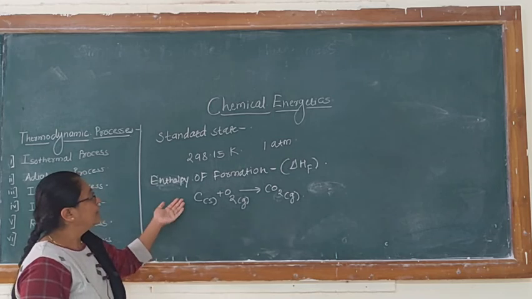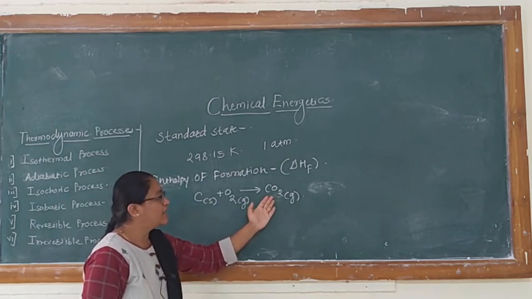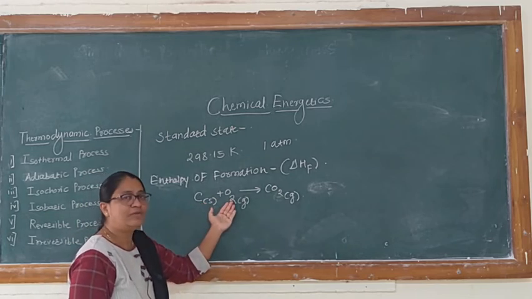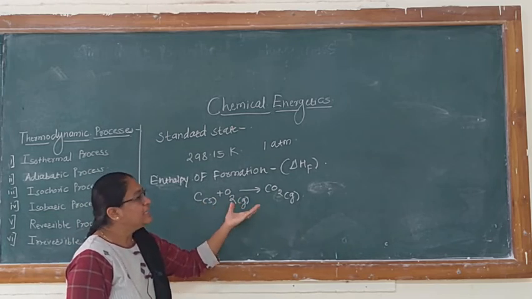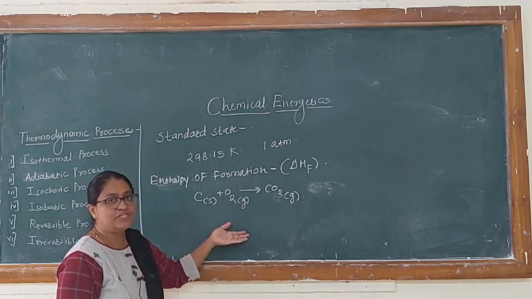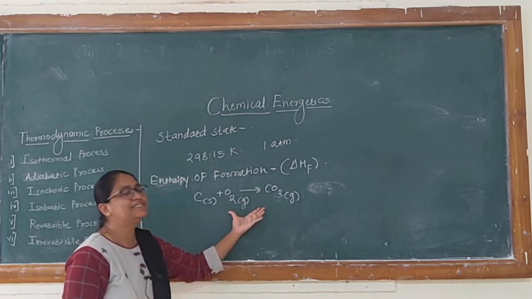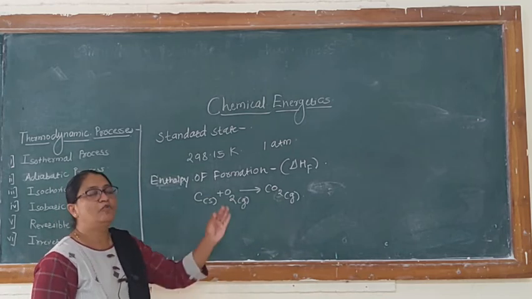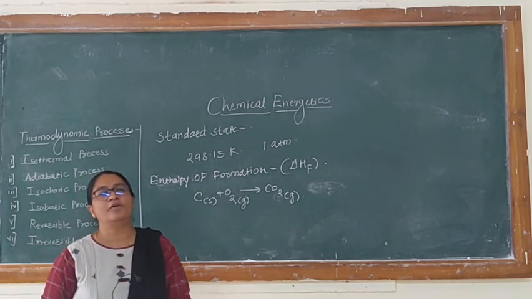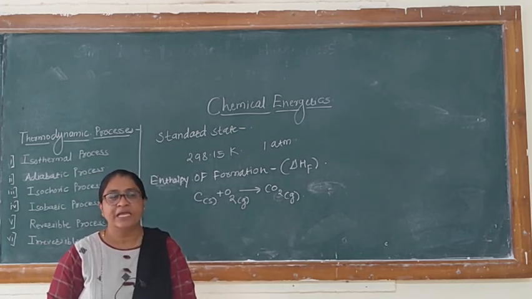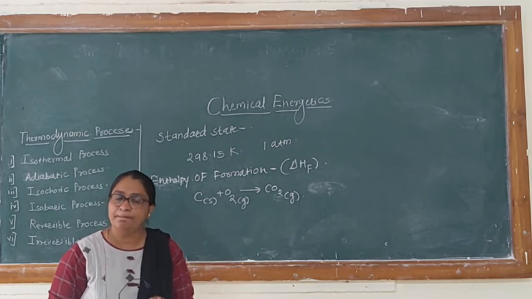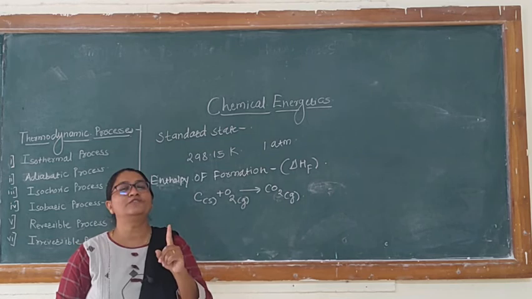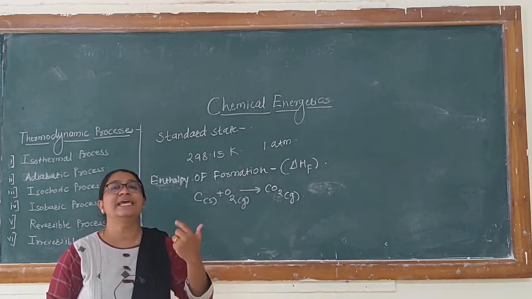Here 1 mole of carbon dioxide will be formed from 1 mole of carbon and 1 mole of oxygen, and the heat change accompanying this reaction is specifically called the enthalpy of formation. So enthalpy of formation is defined as the heat change accompanying the formation of 1 mole of a substance from its elements.